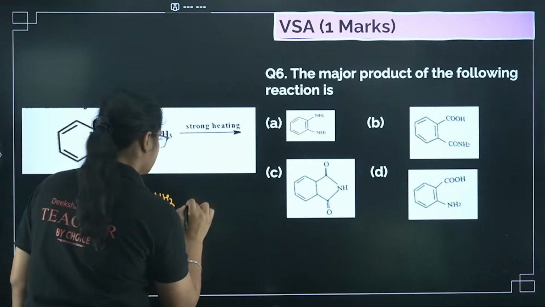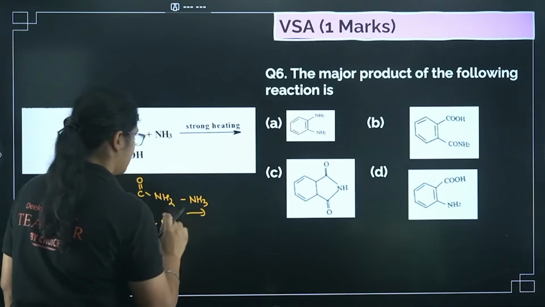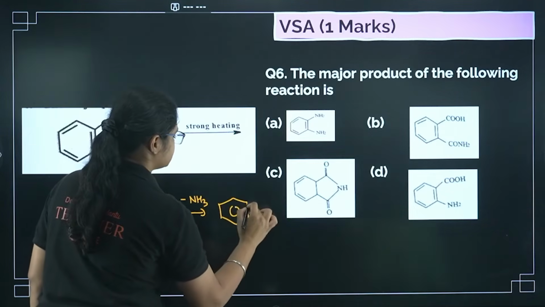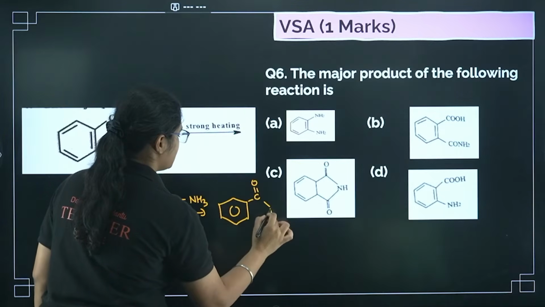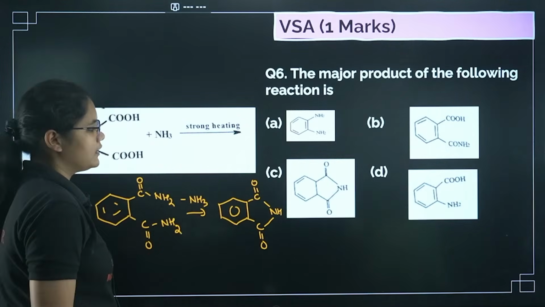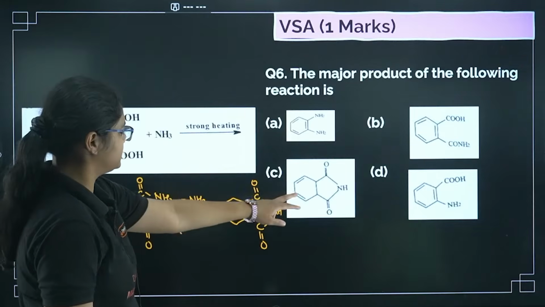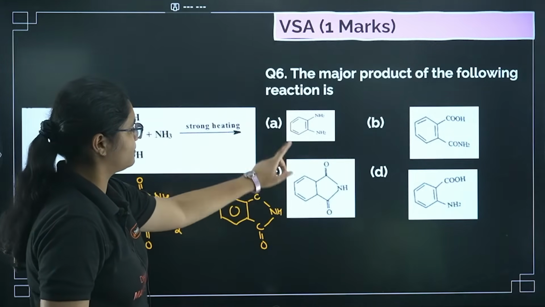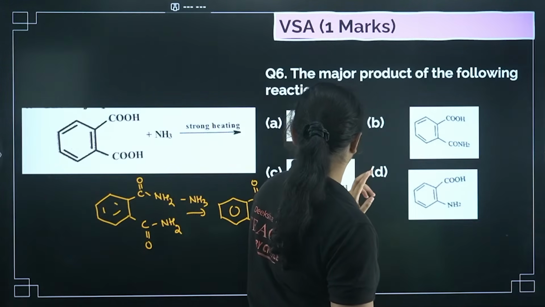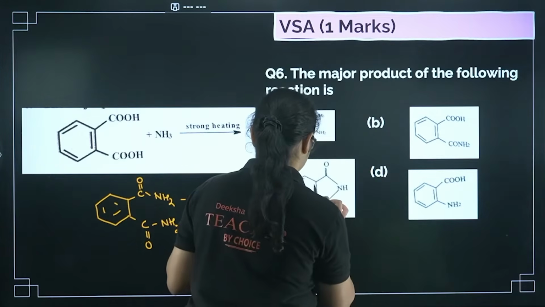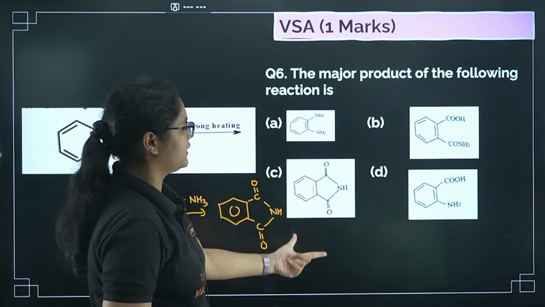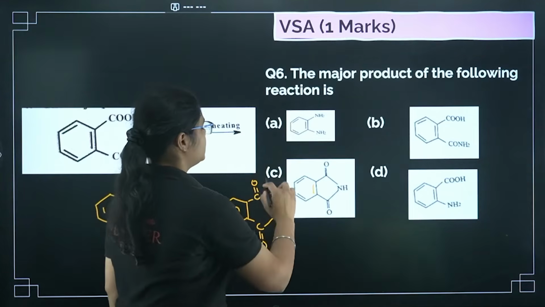So if ammonia is lost from here, NH3 will be removed and you will get a compound like this, C double bond O NH C double bond O. Now this compound is this one. Is it this one? No, here the aromaticity is not completed, here it is not there. Okay, I think this one is having error. Yeah, this has to be the answer. Okay, this has to be the correct answer, that is option number C here.